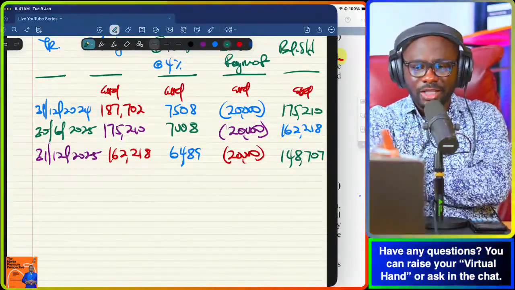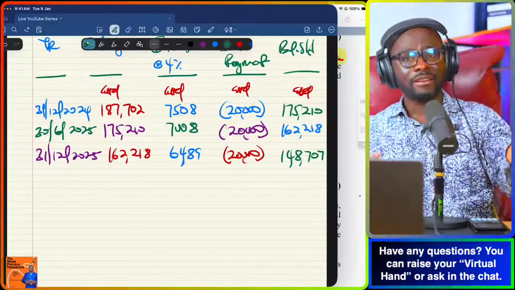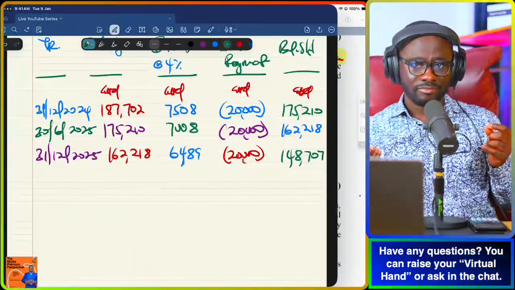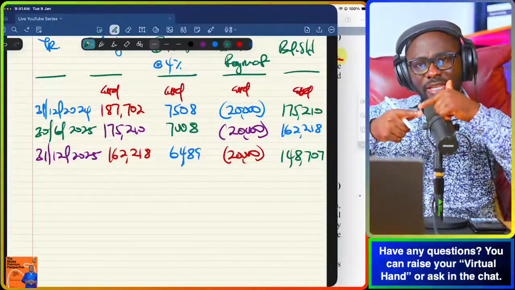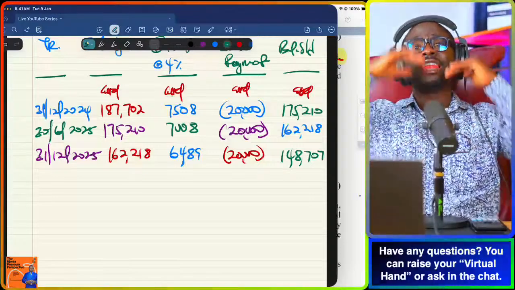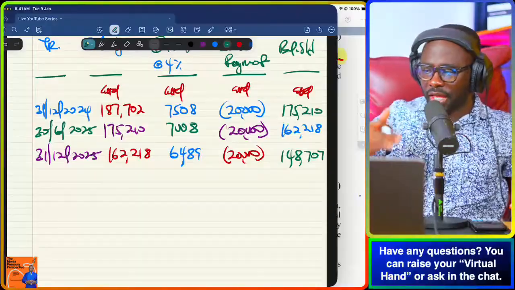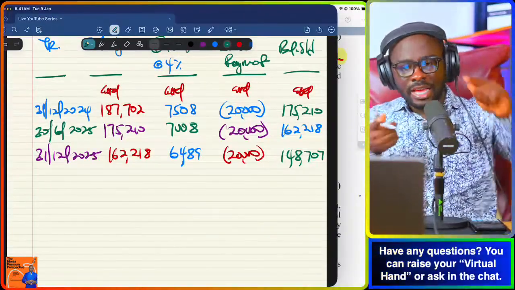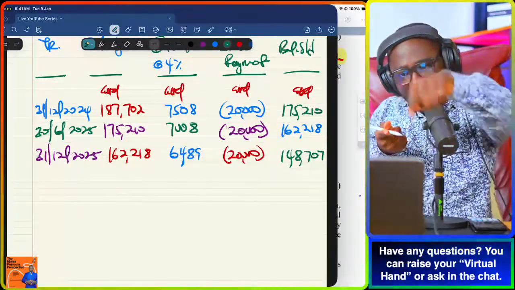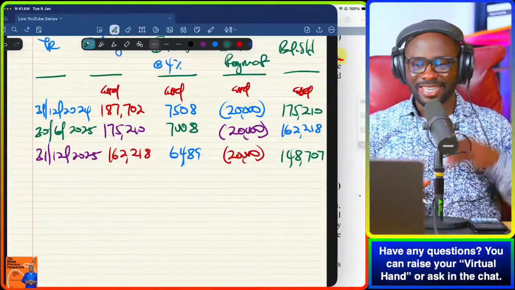But you see, that 148,707 must be split between current and non-current. So because payments are made in arrears, we have to work the next accounting year, so that the closing figure for the next accounting year becomes the non-current liability, then the difference between that figure and this figure becomes the current liability. That is the flow here.